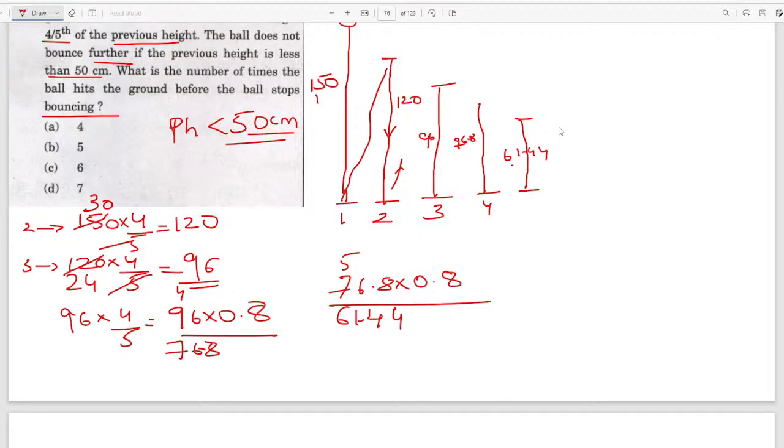So again this ball will jump. This is 150, 120, then 96, then 76.8, and then 61.44. And if I have to again multiply this by 0.8, the next time it would jump.